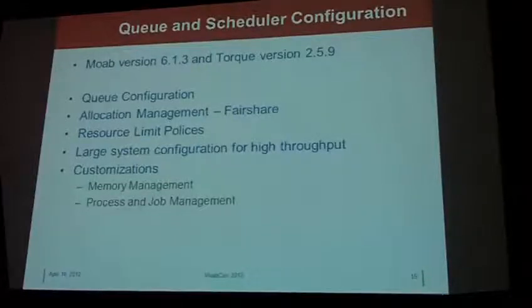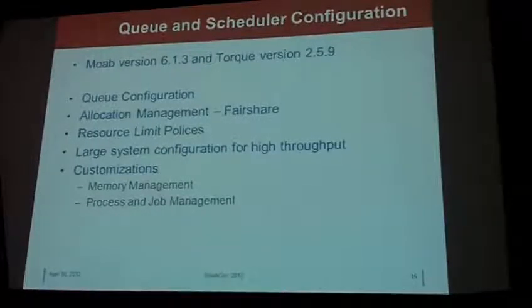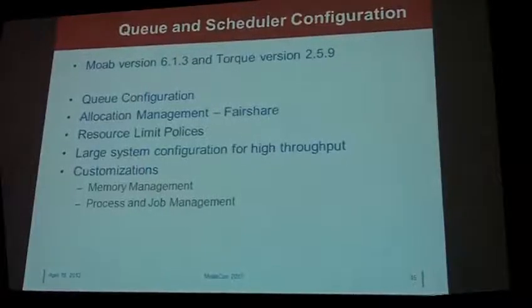I'll quickly highlight some of the queue configuration issues, which I talked about are oriented with regard to our partition structure, but we're looking to possibly update that. I'll talk about some of the aspects of how we allocate resources in terms of Fairshare. It's not strictly a scaling issue, but it impacts directly how we use the system for our users.